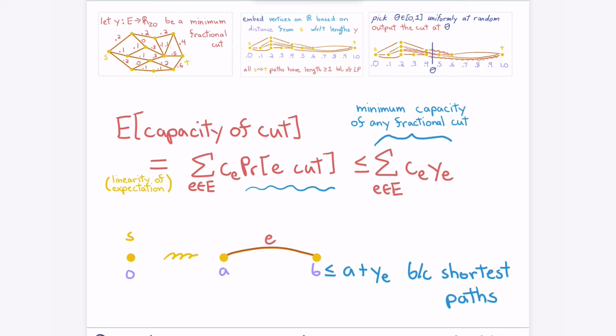So this random algorithm in expectation is good. Now I want to guarantee that I get an ST cut. Basically, we want to de-randomize this.